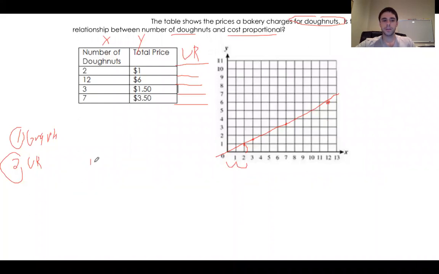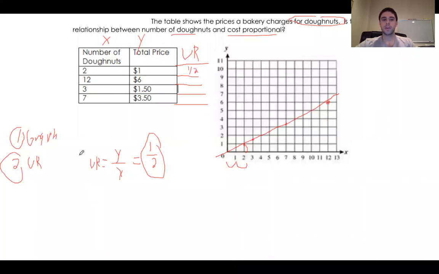Right, let's do unit rate is y over x. That's going to be 1 over 2, so 1/2. Awesome. Some people put 2. 2 would also work, but I want us to do y over x in general.